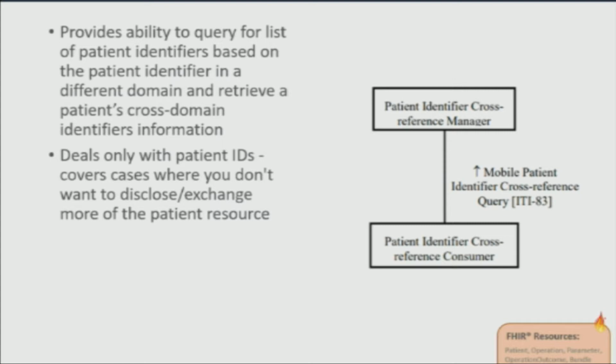So in this case, we used an operation such that I can pass in any kind of an identifier, and I'll get back only the list of identifiers that have been mapped against that. Clearly, one of the identifiers is the URL to the patient resource, so I could go ahead and retrieve that, but I don't have to be exposed to those demographics. So it's kind of a unique one there. And, you know, again, trial implementation, so the question is, will this actually be necessary going forward?